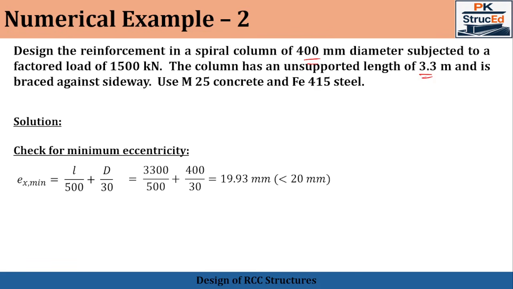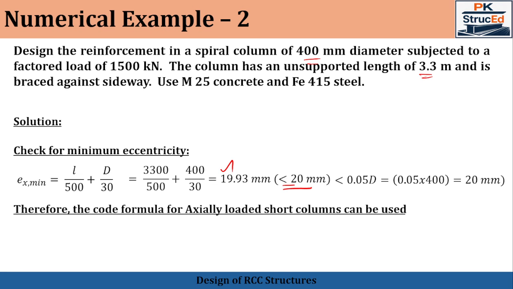Substituting that, we are getting the value as 19.93, which is less than 20 mm. You can also check that it should be less than 5% of the diameter, that is 20 mm, which satisfies the minimum eccentricity condition. Therefore, we can design the column as a short axially loaded one as per the IS codal provision.